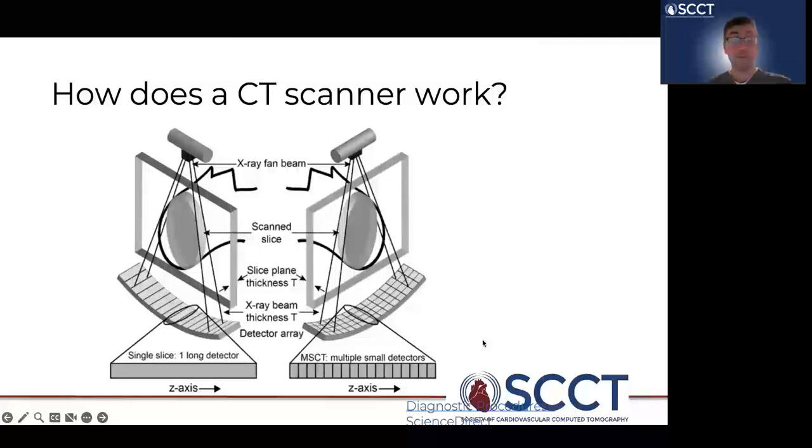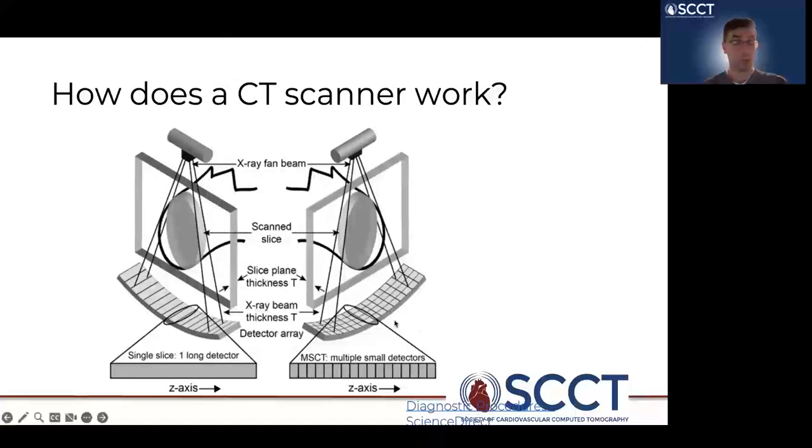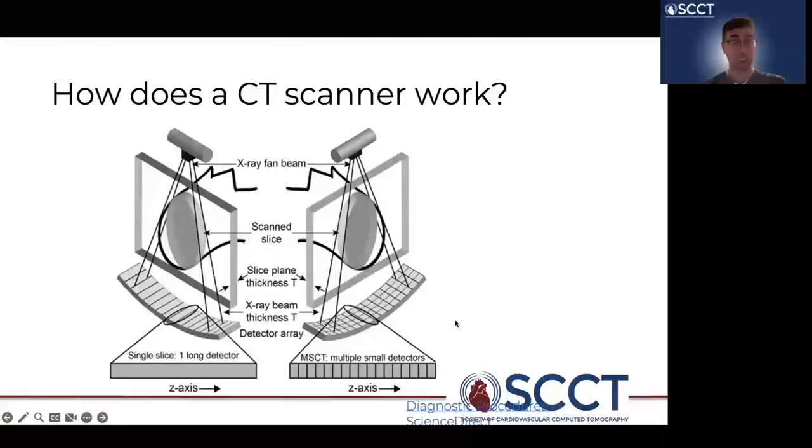The benefit of this is it increases your spatial resolution. And as you recall, cardiac structures are relatively small compared to the rest of the body, especially the coronary arteries. And so we really want to maximize our spatial resolution. So for cardiac studies, we will almost always use a multi-slice CT scanner, similar to what's pictured on the right.